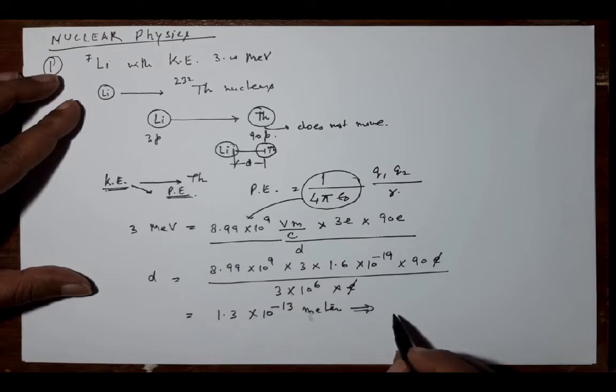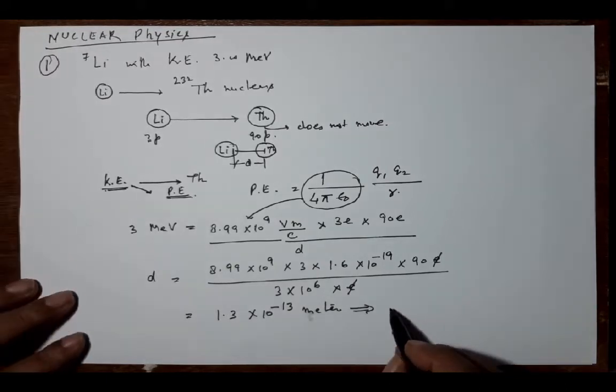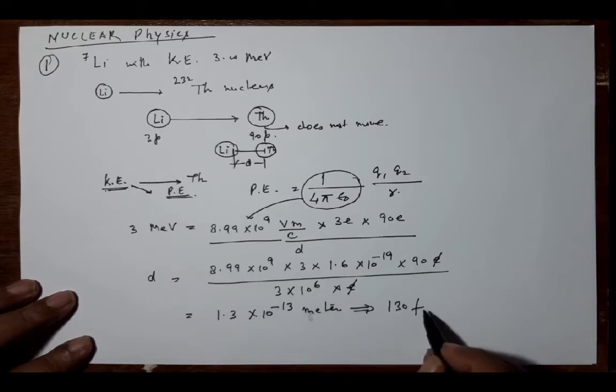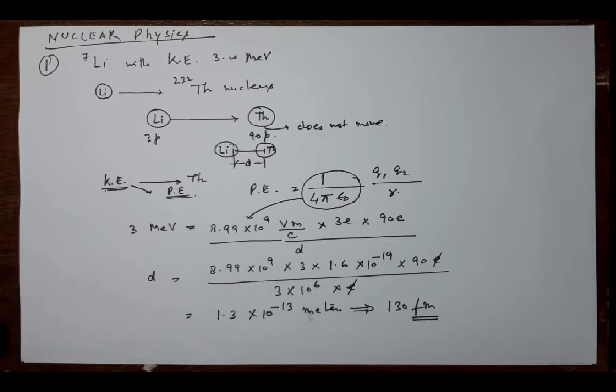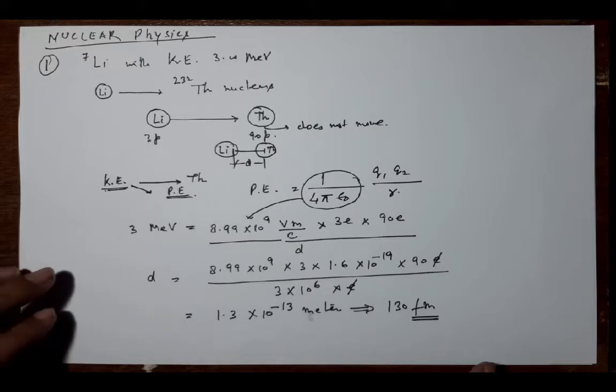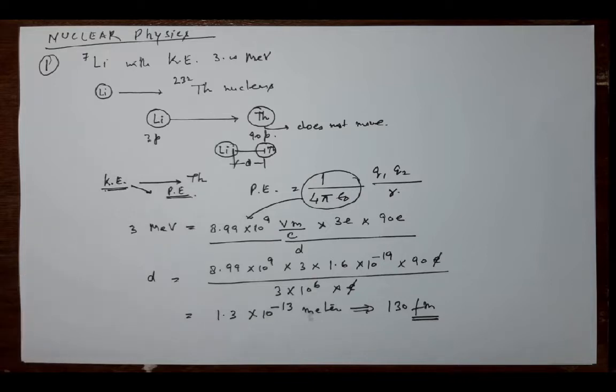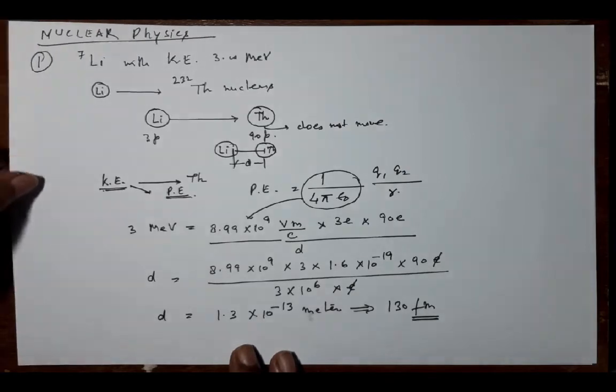This we can write as 130 femtometer, which is the unit for measurement of distances in case of atomic distances, because there are very small distances. So this is how this can be solved in just 2 steps. Now we can go to the next question.